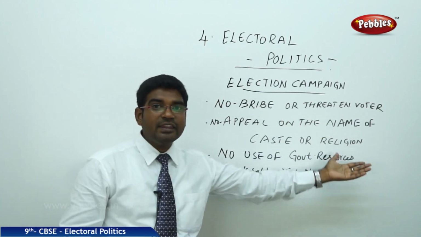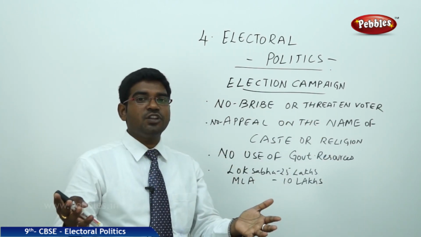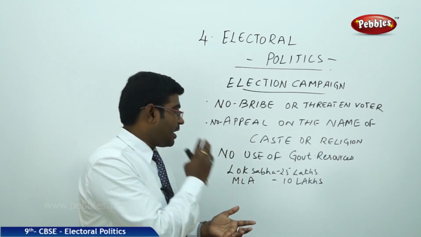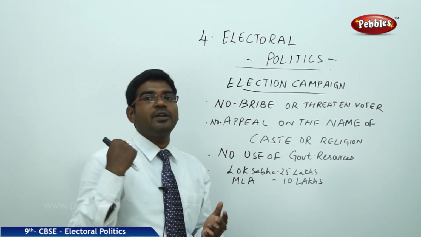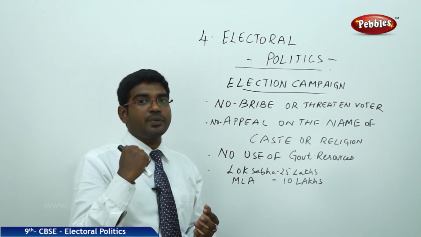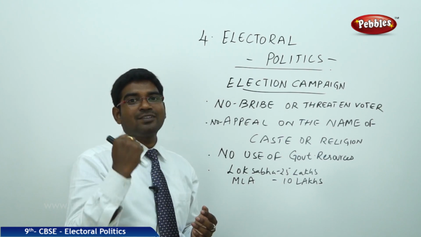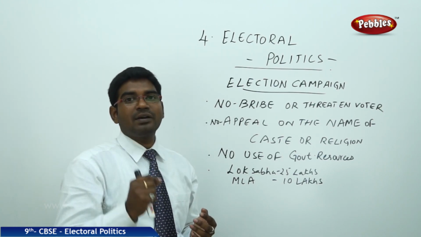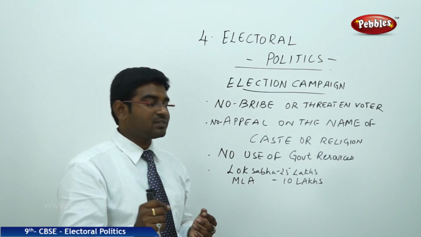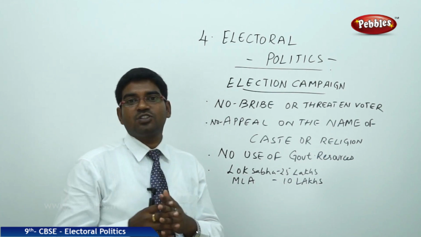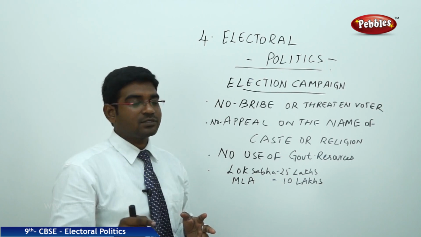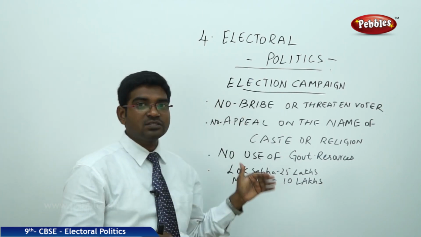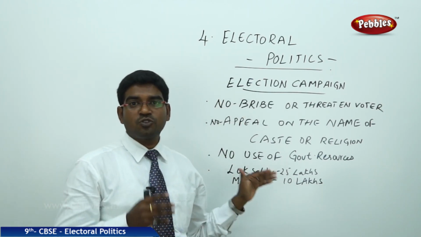They should not make any appeals in the name of religion or caste, and they should not use any government resources, and they should not spend more than the maximum limit given by the Election Commission, that is 25 lakhs for the Lok Sabha candidates, and 10 lakhs for the assembly constituencies. So these are the compulsory things they are not supposed to do.